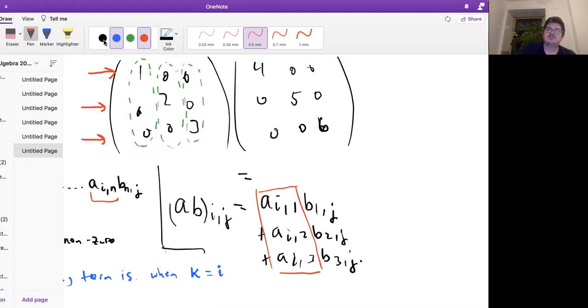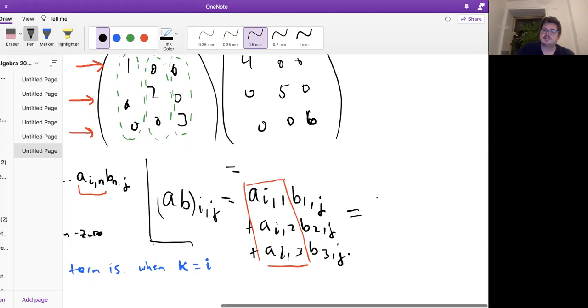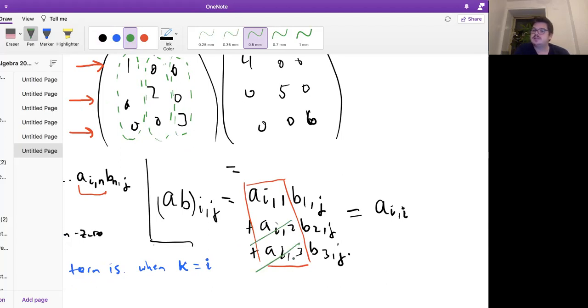So the only surviving term here is A_ii, right? For example, if i equals 1, then these would disappear. Does that make sense?